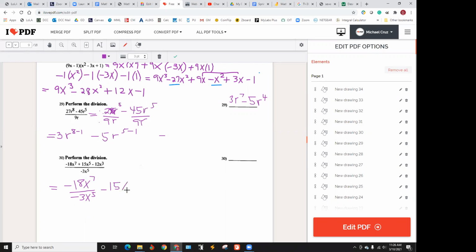So each one of them, and that's negative divided by negative, that's going to be a positive. And it's 12. And this is going to be one of those negative exponents, so we're going to have to handle that at the end.